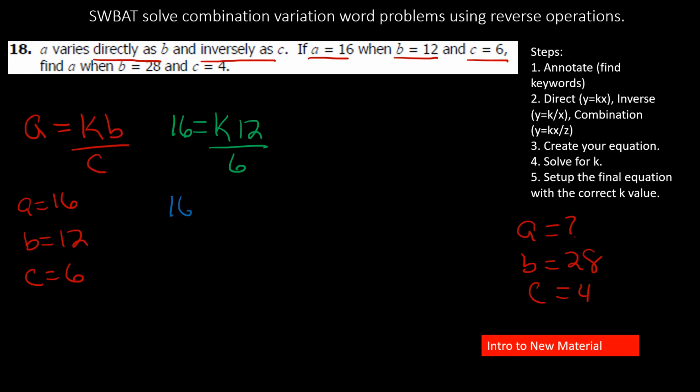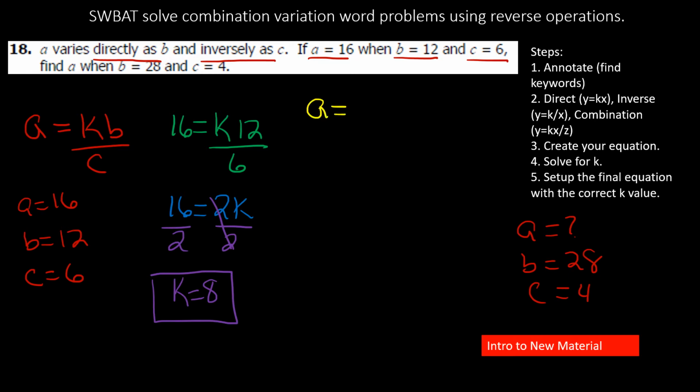I'd have 16 equals 2K, right? 12 divided by 6 is 2. And then I can divide both sides by 2 to simplify that out, and I get that K is equal to 8. I'm going to box this because it's important. And so then our equation itself would be A equals 8B over C.